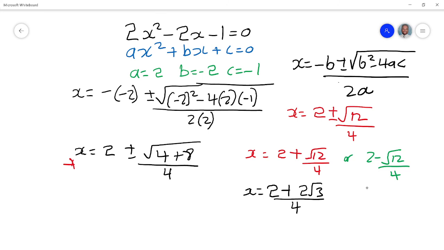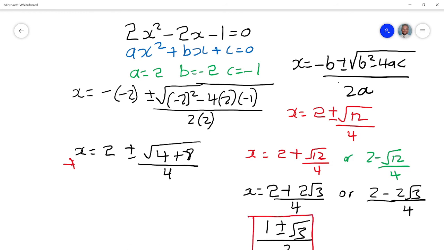So here as well, you could say, or 2 minus 2 root 3 over 4. Okay, and you can simplify this, and that's going to be 1 plus or minus root 3 over 2. Okay, so that would give you my final answer if I was to put that as a surd.